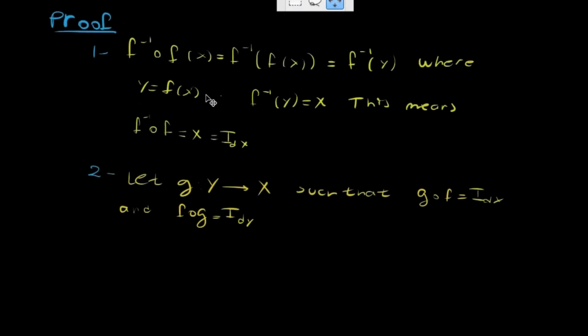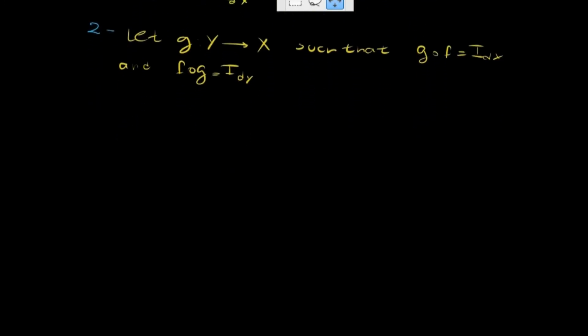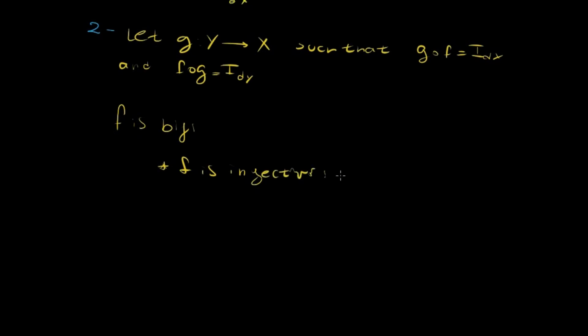So what we want to prove is that f is bijective. For this, we have to prove two things. First, f is injective. Let's start with the definition of injectivity.